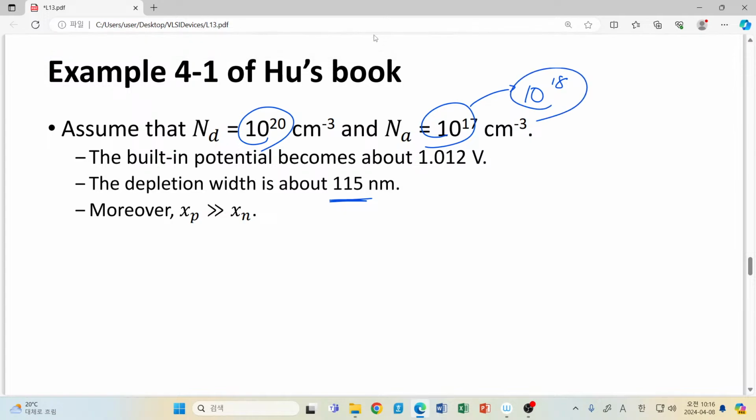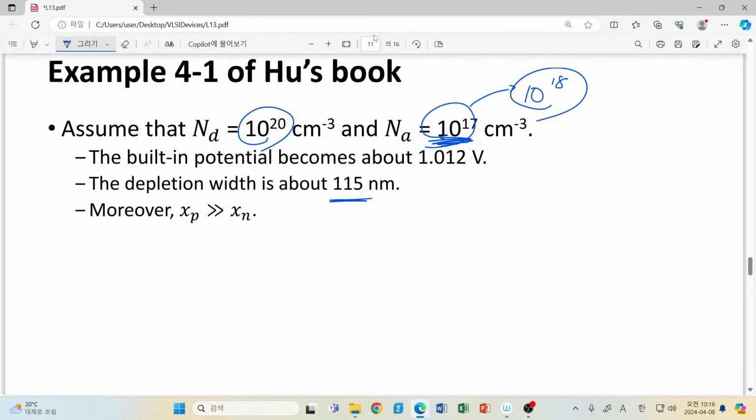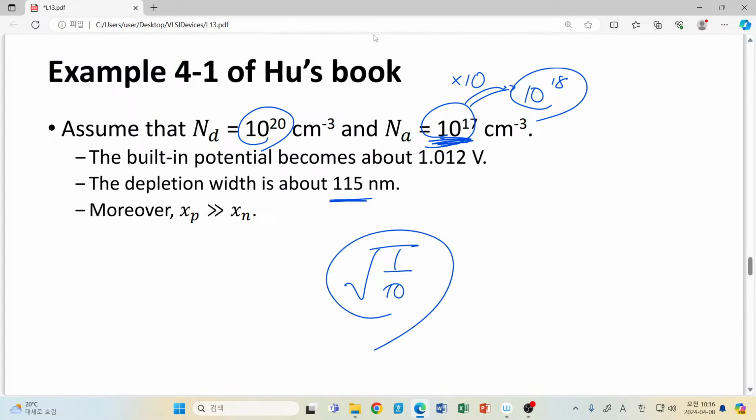Your depletion width will be reduced approximately 3 times. Are you with me? Because the lowly doped region determines the depletion width, and since it is 10 times higher, our calculation should be related to the square root of 0.1. So it is roughly just multiplying by 1/3.